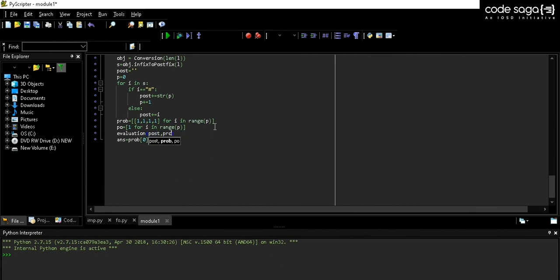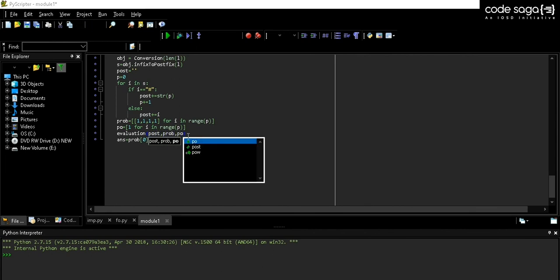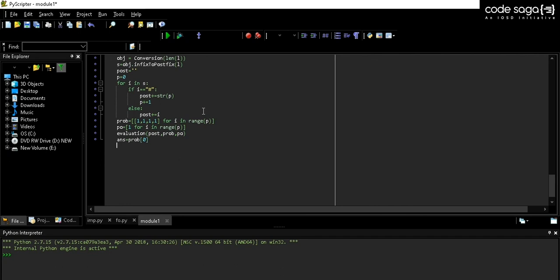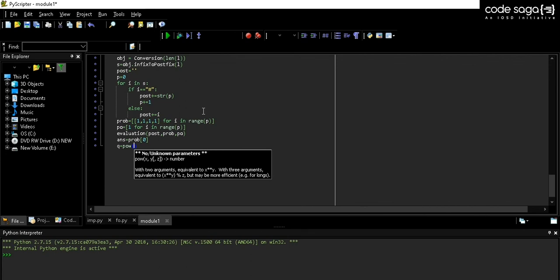I have to send in post probability and power, and Q will be 4 raised to the power 0. Now how we will solve this high power is binary exponentiation. So in Python there is an inbuilt function for that. So I'll simply use 4 raised to the power p of 0.